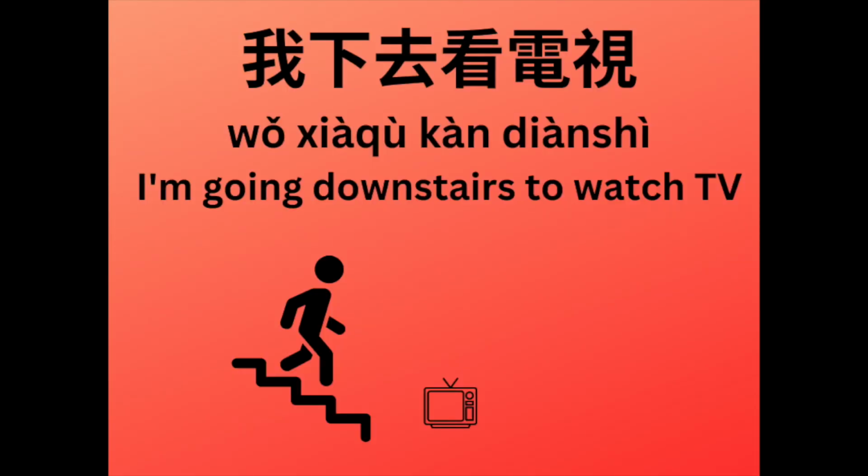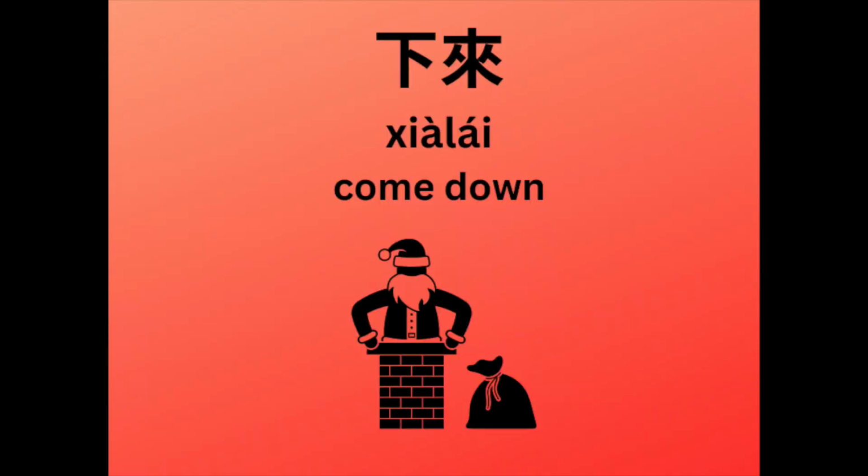下去, to go down. 我下去看电视. Maybe you're upstairs and you go downstairs to the living room to watch TV. 我下去看电视. 下来, which means to come down.